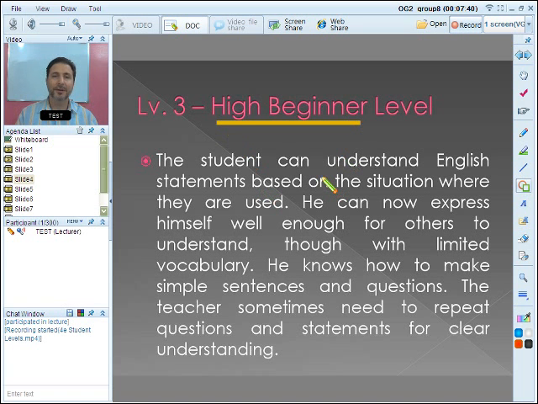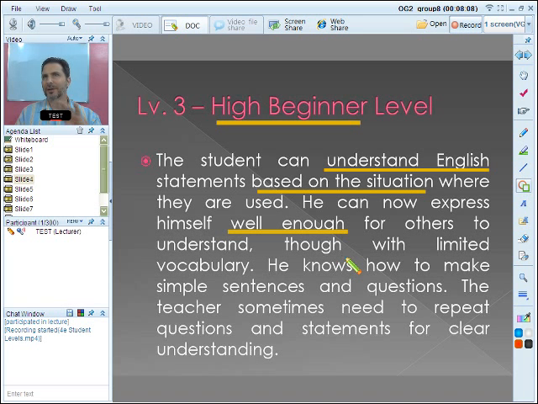And this person can understand English based on context, okay? So if you're talking to them, you're already engaged in a conversation about travel, they can follow along and they can answer and respond in kind. They can express themselves to a level that you can understand. You can follow what they're saying.